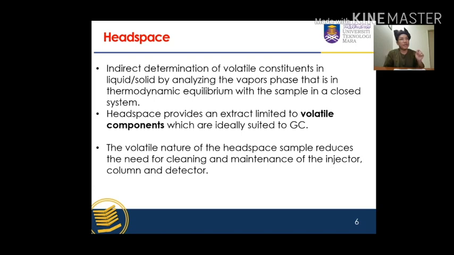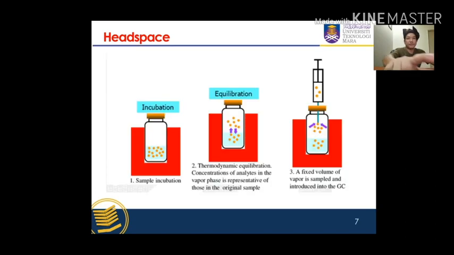In thermodynamic equilibrium, the concentration of analyte is representative of the analyte in the original sample. The method involves sample incubation in an oven at certain temperature and pressure to achieve thermodynamic equilibrium before injection to the GC column. During thermodynamic equilibrium, the analyte concentration in the vapor phase is representative of the original sample.